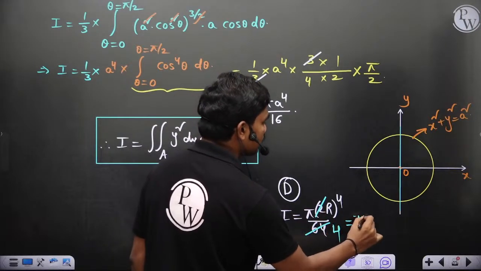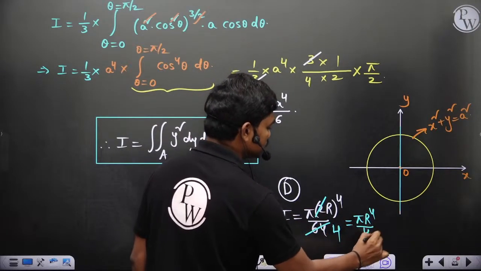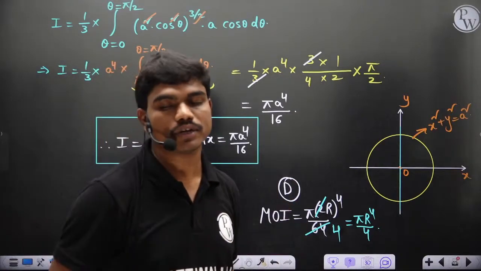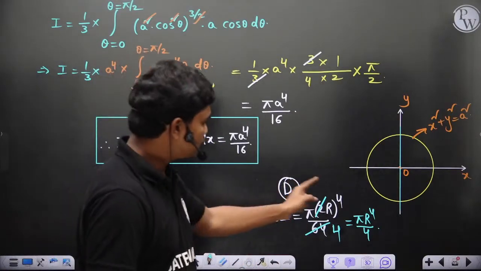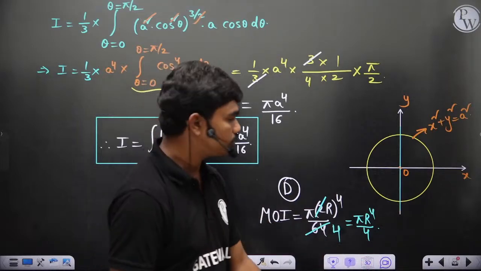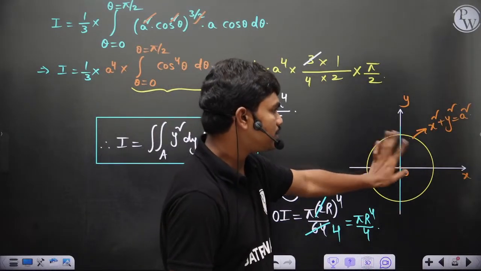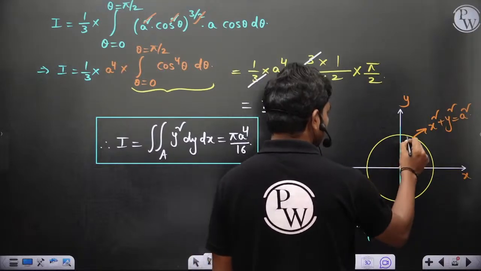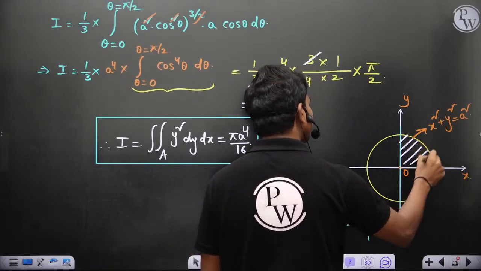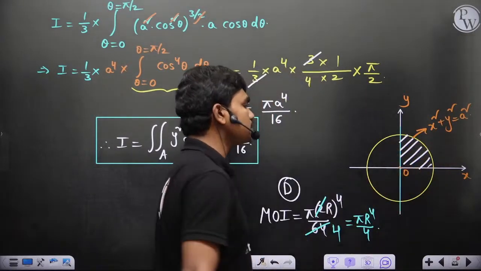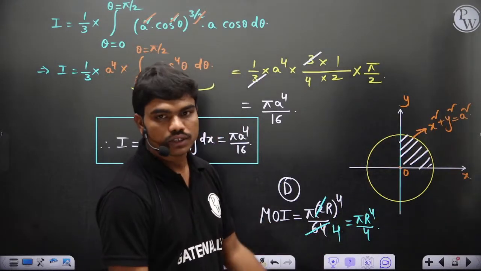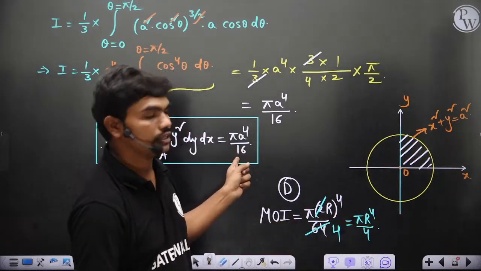So pi r power 4 by 4 is the moment of inertia of this circle about its diameter. This is a full circle and it is symmetric about both the x axis and y axis, and all four parts are symmetric. So if you take only one portion, the moment of inertia would be 1/4 of this value, which is 16 here.